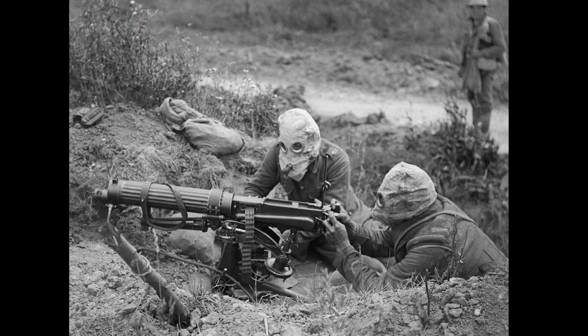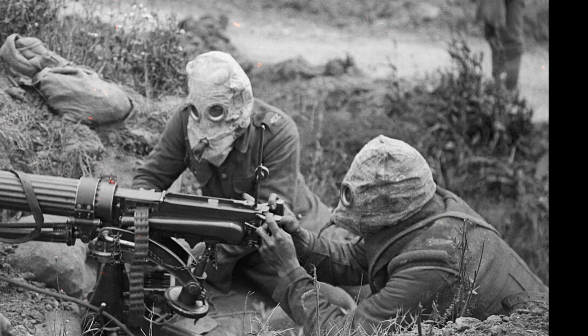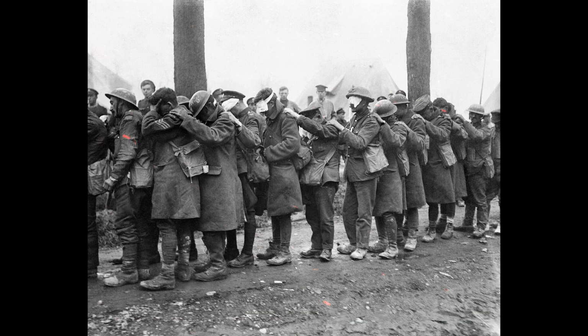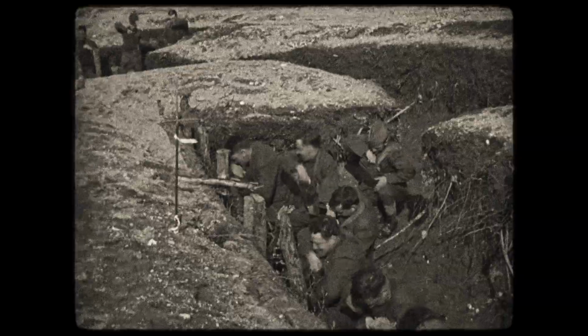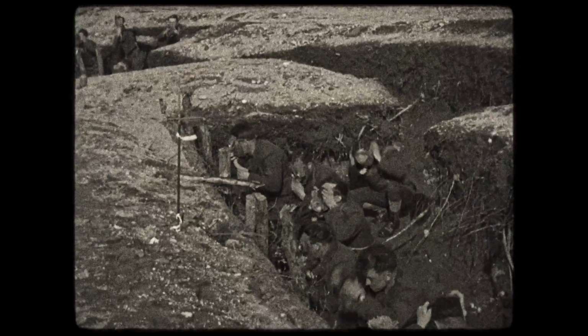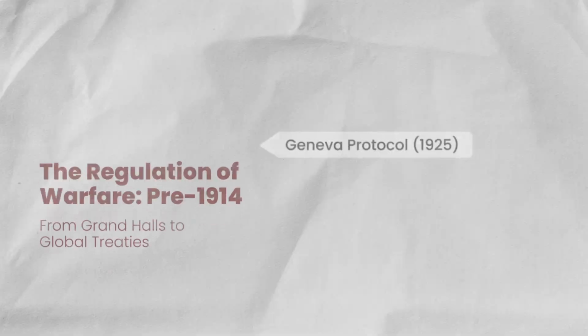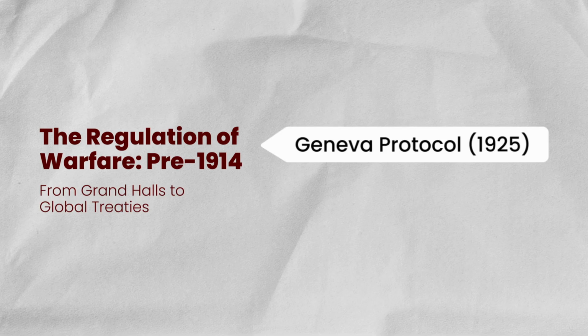Britain and France, initially condemning Germany's actions, soon launched their own gas attacks, officially framing them as lawful reprisals. This escalation led to the widespread use of increasingly lethal agents, such as phosgene and mustard gas. The catastrophic consequences of this legal failure eventually prompted the 1925 Geneva Protocol, which imposed a far broader ban on chemical weapons.